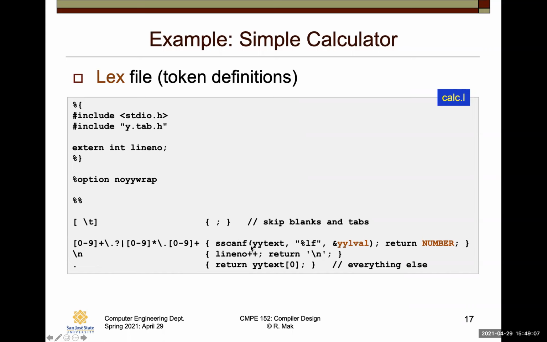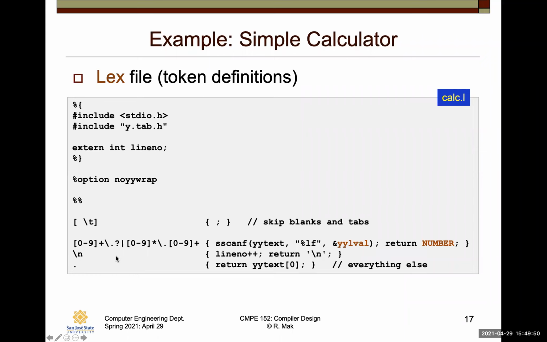So we're calling the C scan function to say, read that string of characters, and you see that the formatting is that it's going to be a float, and store the value in yylval. yylval is a predefined variable. And then we want to tell the parser that what we got was a number. So we're saying, okay, what we saw was a number.